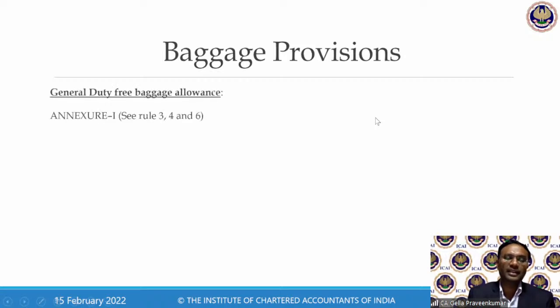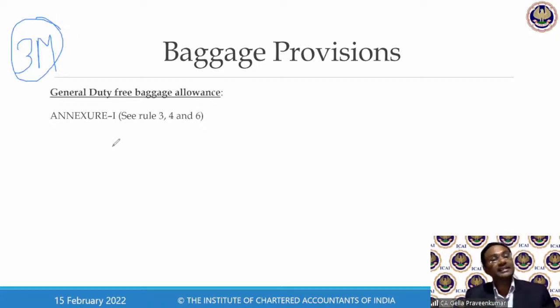Now, general duty-free baggage allowance. There is something called Annexure 1. This is tested for 3 marks in your examination. It means adjustment from this particular annexure read with your value, which is going to come in the next slide.